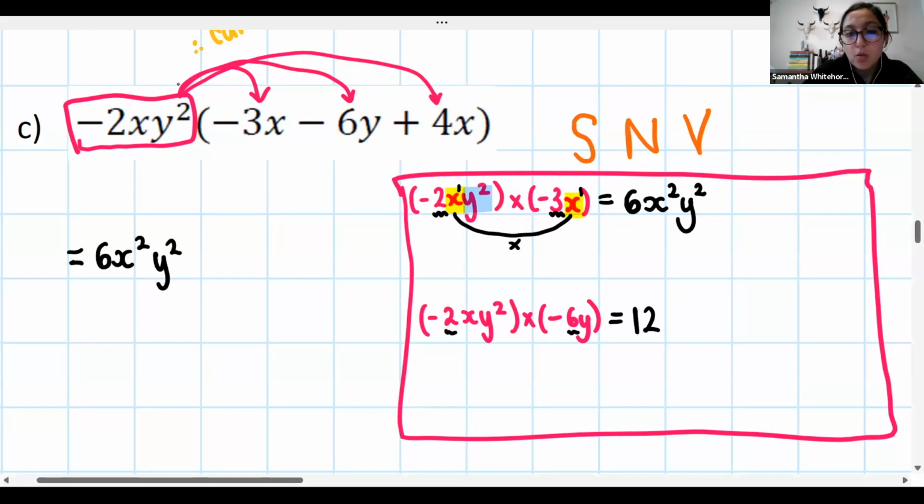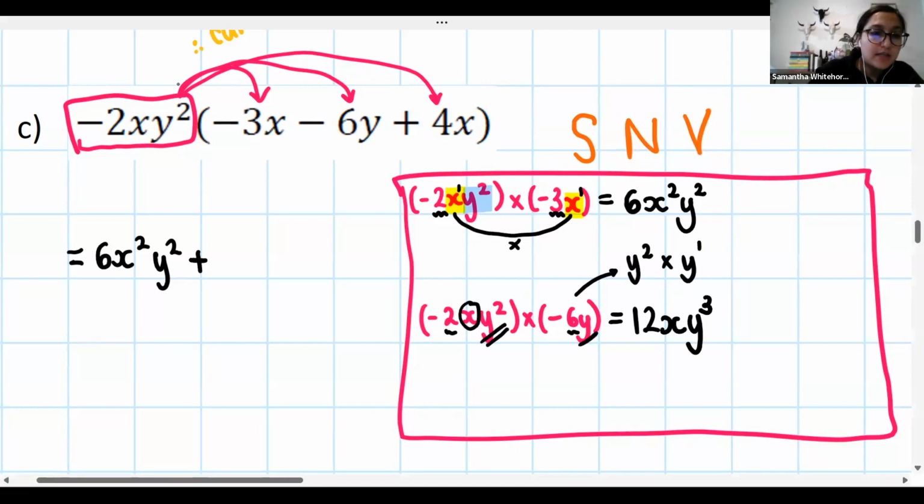Now, again, I've only got one little x variable here. It's not being multiplied by anything, so it just stays x, but I've got a y squared times a y. This is where my rule comes in. If I'm multiplying with the same bases, which I am here, I need to add the exponents. So y squared times y becomes y cubed. So that is my second product, plus 12xy cubed.